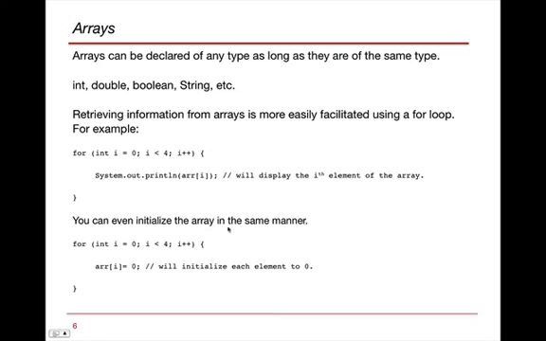We can also initialize the array in the same manner where we create a loop that goes, say, from 0 through 4, where it increments, and then each subsequent I location will get a 0 in it. So arrays are easily accessed using loops if you want to go through sequentially instead of finding an individual item at a row and column.